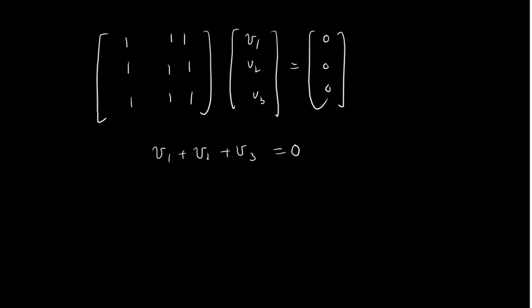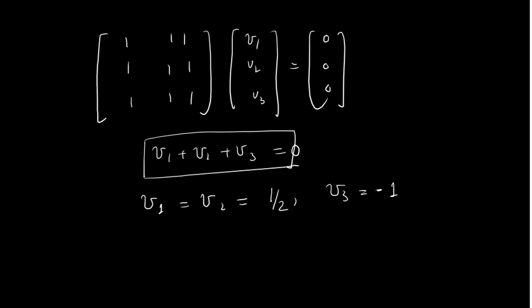There can be many combinations which satisfy this. Let us take one combination: v1 equal to v2 equal to half, and v3 equal to -1. This is one combination that would satisfy this equation, and there can be many other combinations.